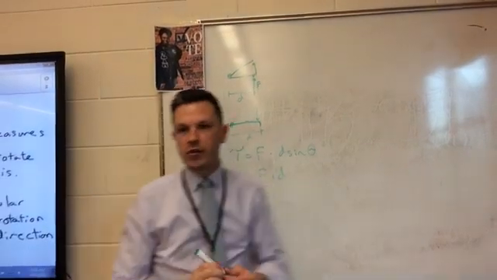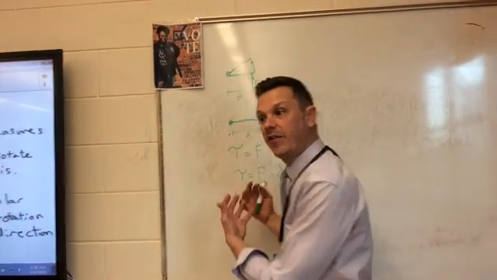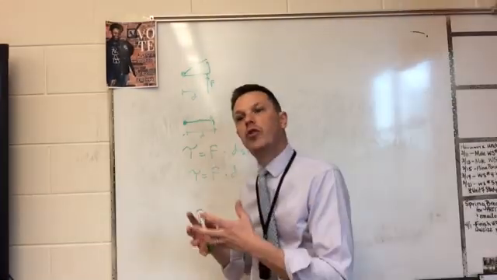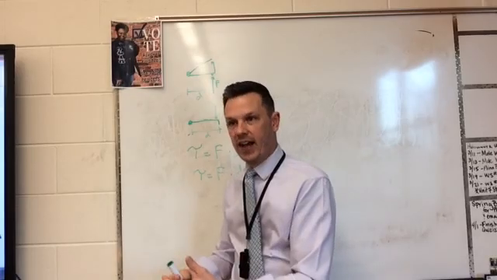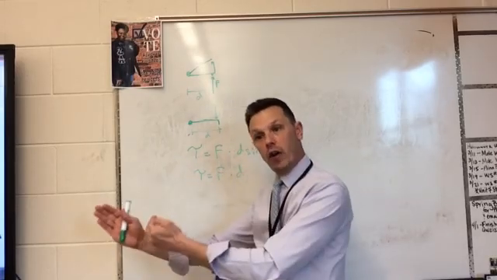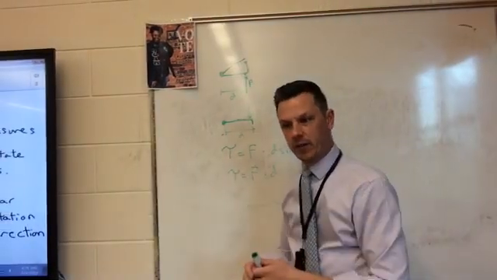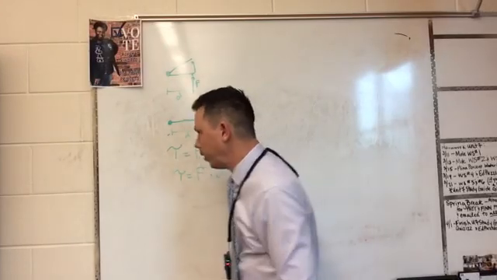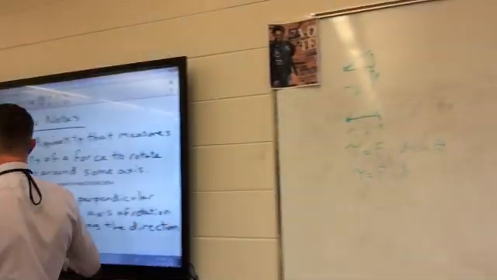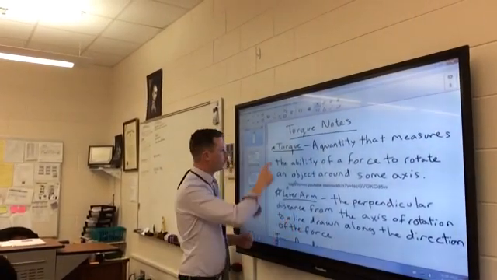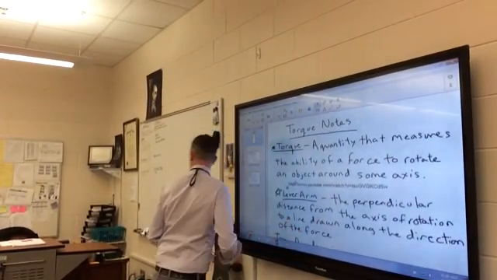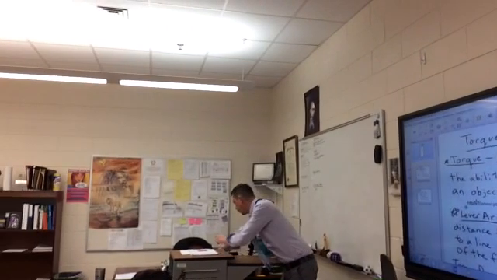And so this is basically the idea of a lever, a simple machine. You create a mechanical advantage by applying a force further away from the axis of rotation, okay? So that's torque. So this thing we call lever arm is important. It's how far from the axis of rotation we apply the force, okay?